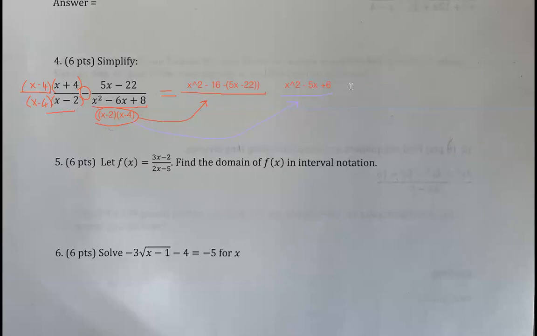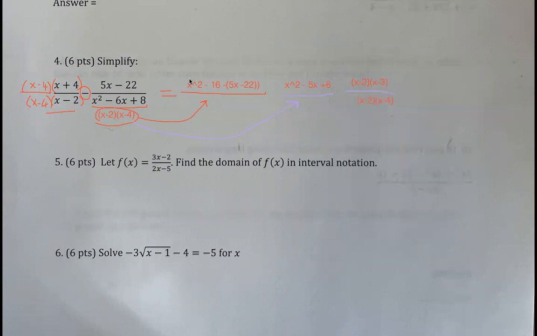Now the numerator can be factored as x minus 2 times x minus 3, then divided by the denominator, let me write it one more time, x minus 2 times x minus 4.